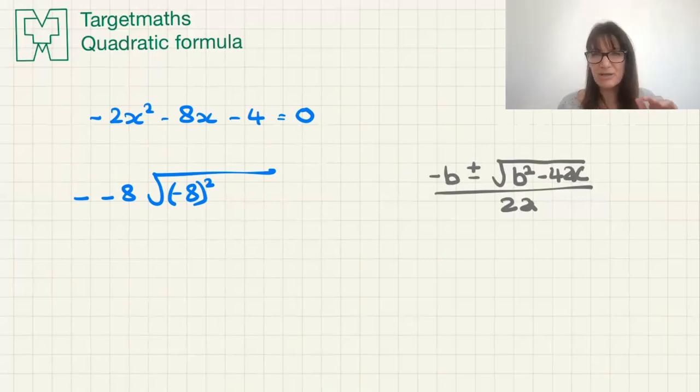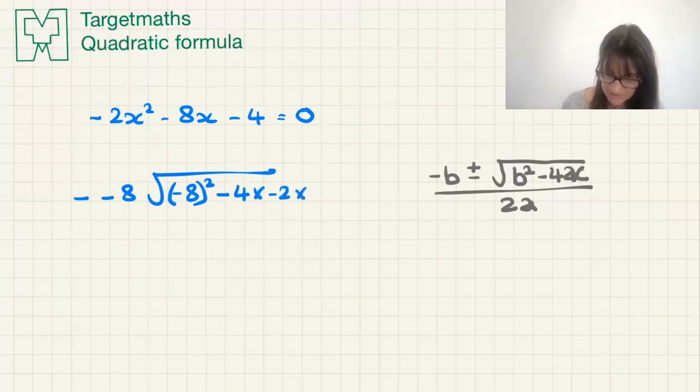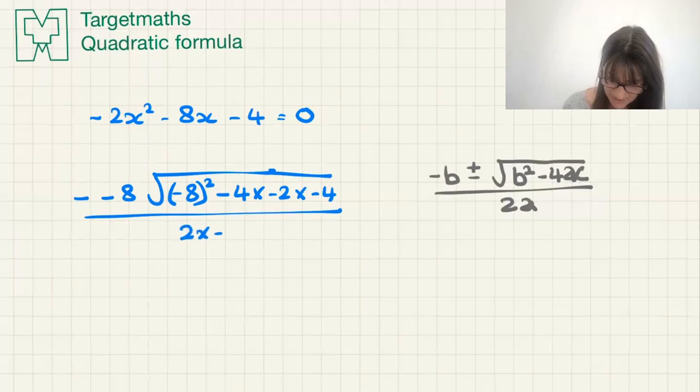So there's lots of ways where the calculator actually doesn't help us. So we've got to be very, very careful there. And then I'm going to take away 4 times the A, which is -2, times the C, which is -4, all over 2 times -2.